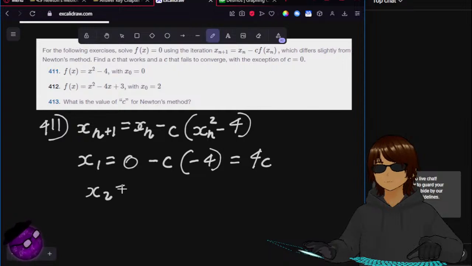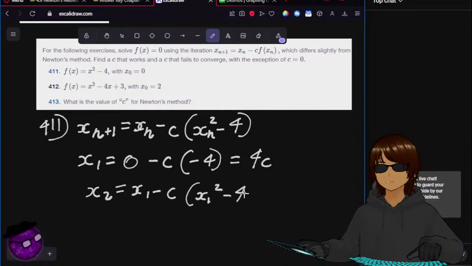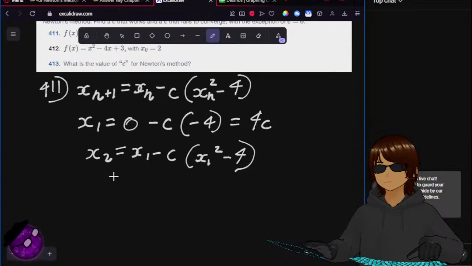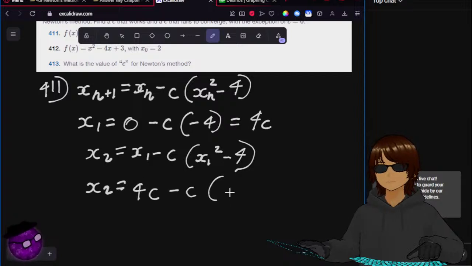And then x2 is x1 minus c x1 squared minus 4. And then x2 is 4c minus c, 4c minus 4.